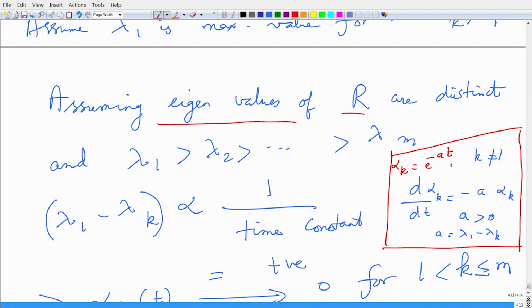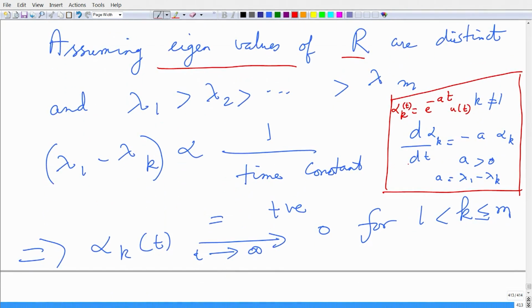Now, let me put this time variable as well here. So as t goes to infinity, alpha k of t dives to 0, right, this is obvious.